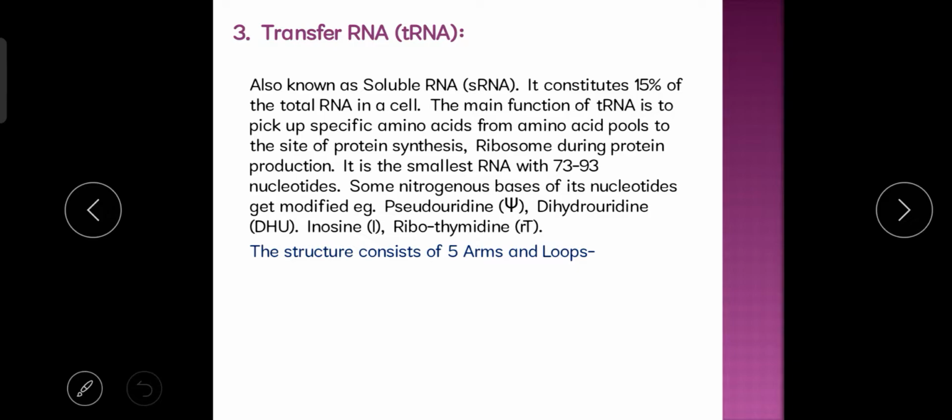Okay, so this transfer RNA helps in the transfer of specific amino acids from the amino acid pool to the site of protein synthesis, and the site of protein synthesis means what? To the ribosome.